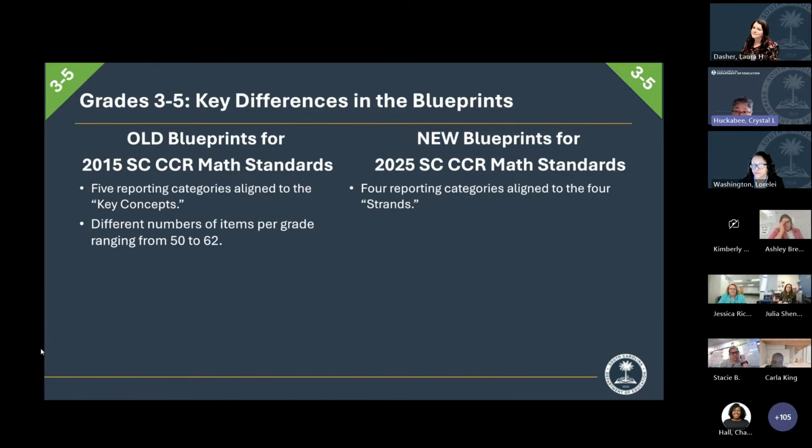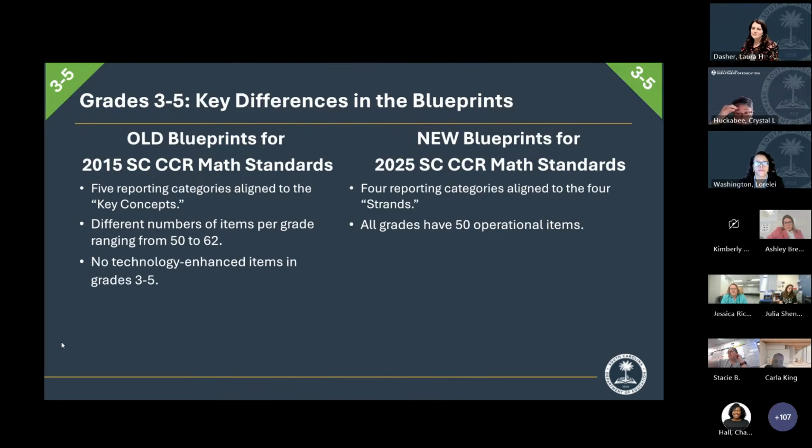So the difference here is the number of categories, and instead of key concepts, we're looking at strands. Another difference is the different number of items per grade. Our old blueprint, we ranged from 50 to 62 items. Now, all grades have 50 operational items.